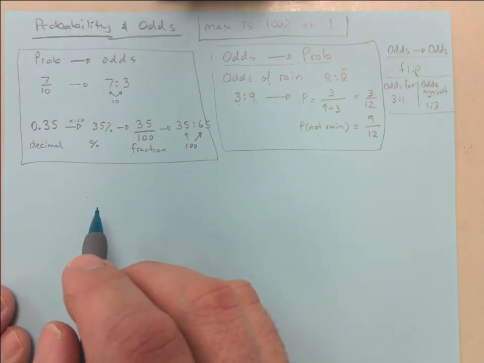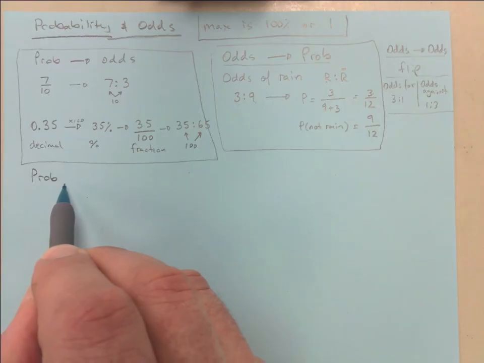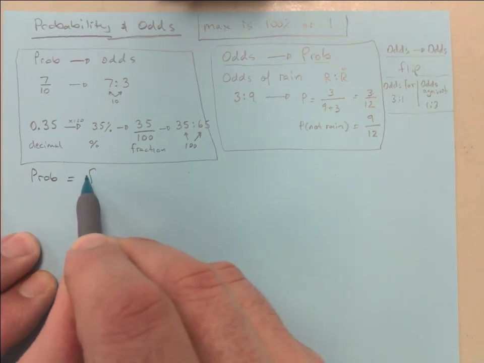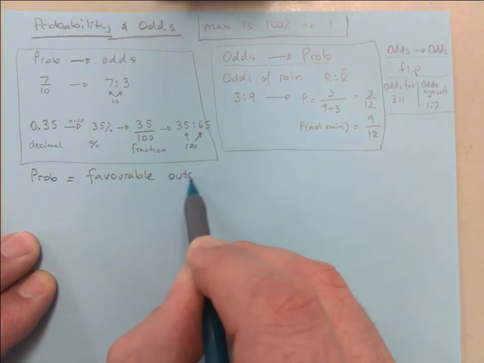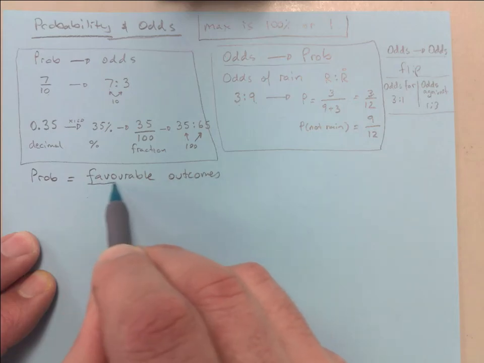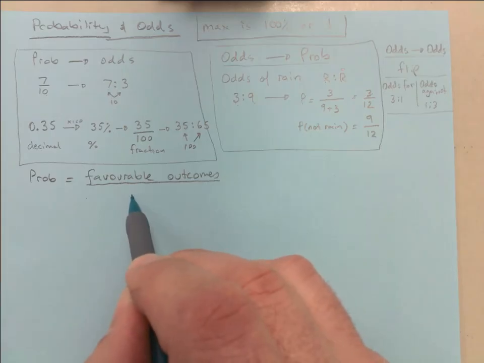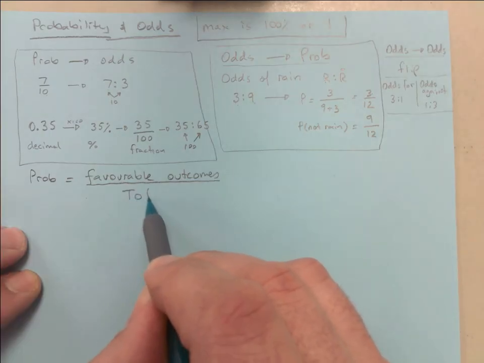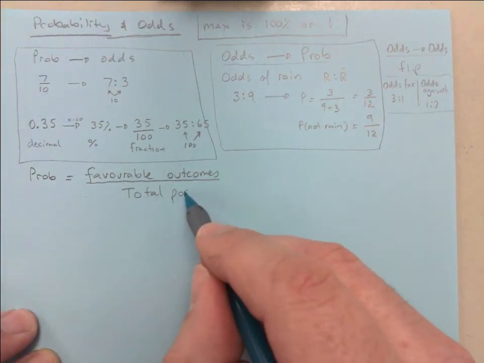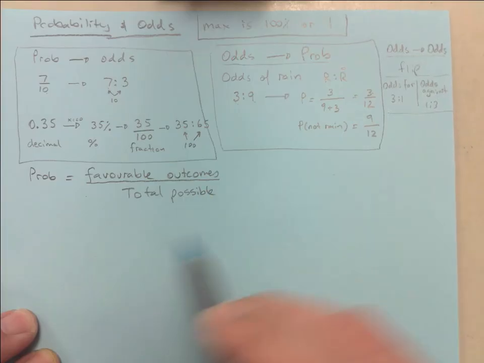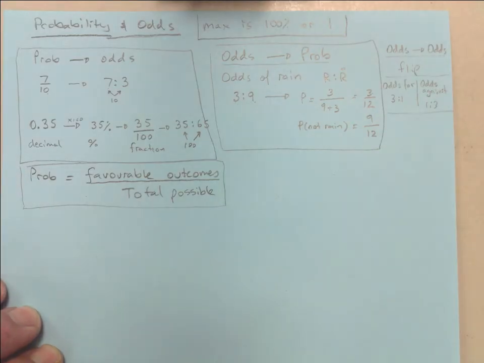And you know what? I'm going to also say that probability, and again, I'm just brainstorming here. Probability is favorable outcomes over, what is it? What's at the bottom? Total, yes. Total possible. That is also, I would have that, it's kind of like a formula.